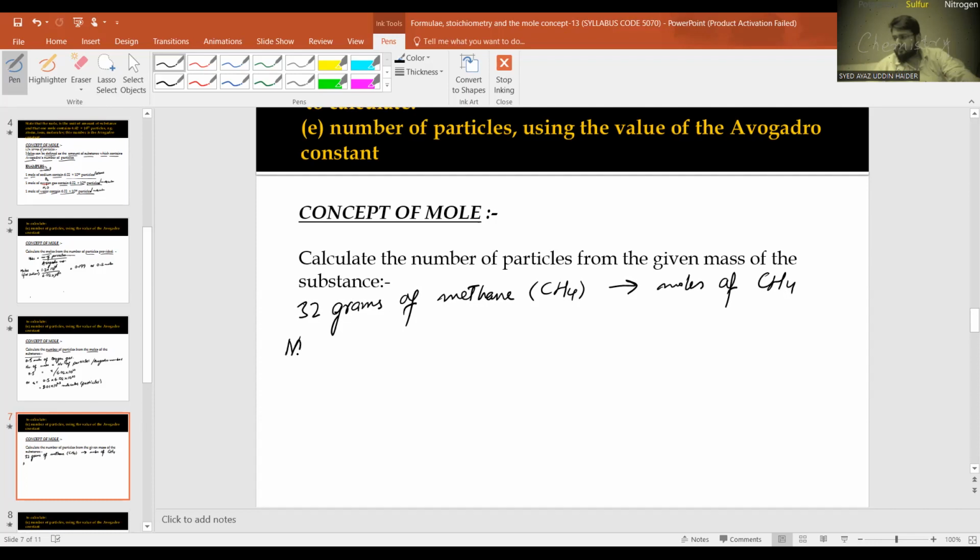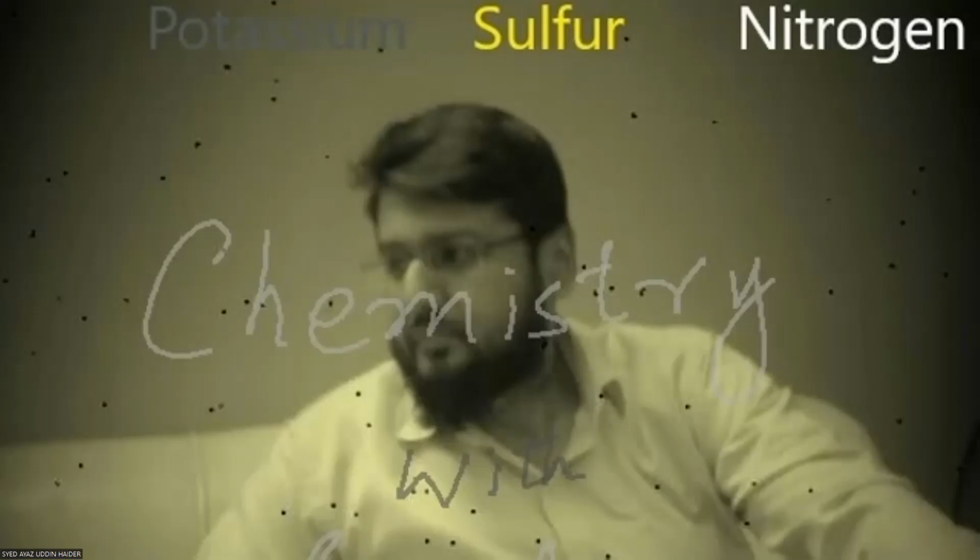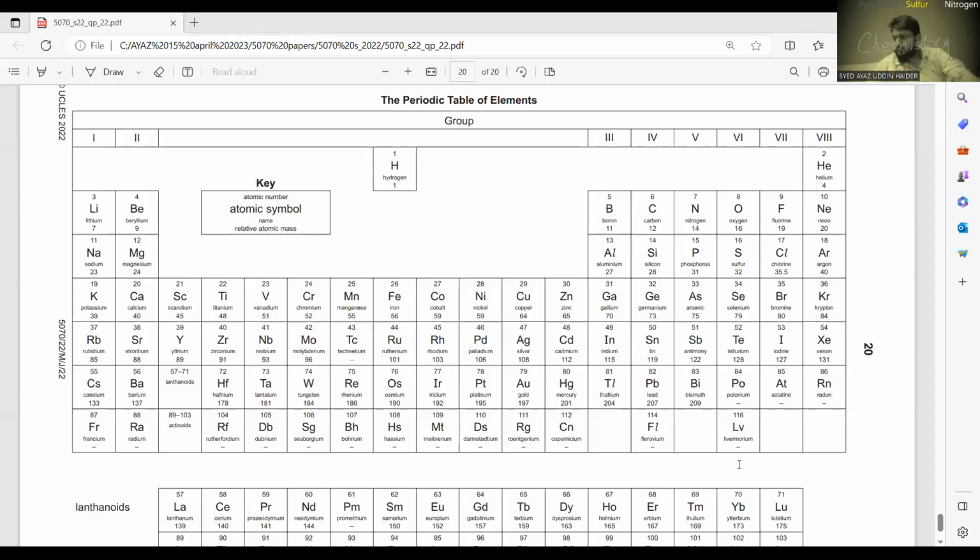MR of CH4. We have one atom of carbon, so I will multiply 1 by AR of carbon. Here is a carbon. AR of carbon is 12.